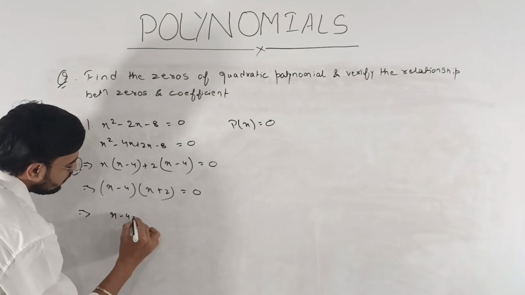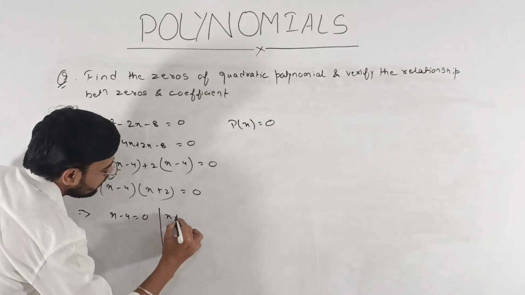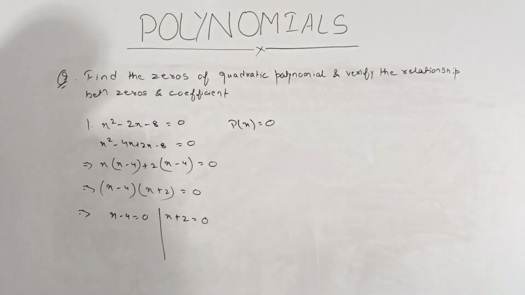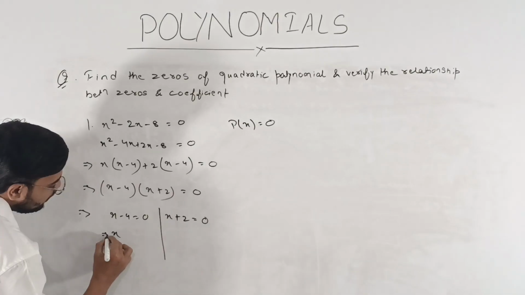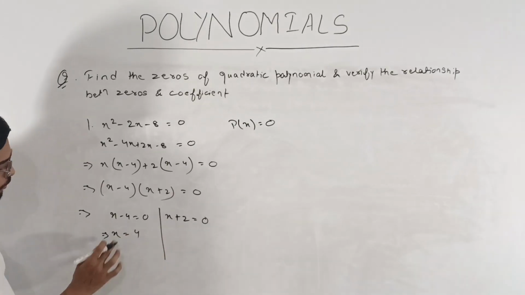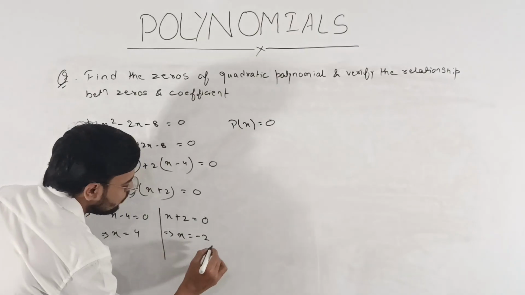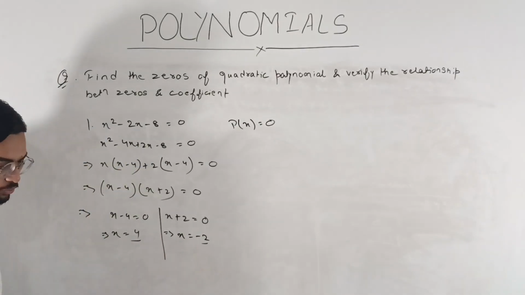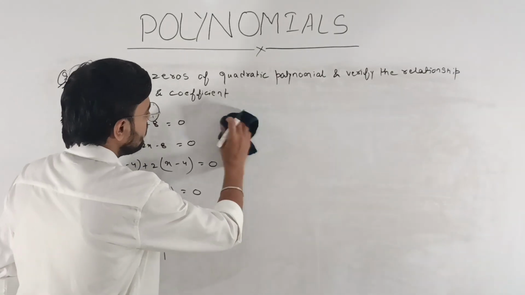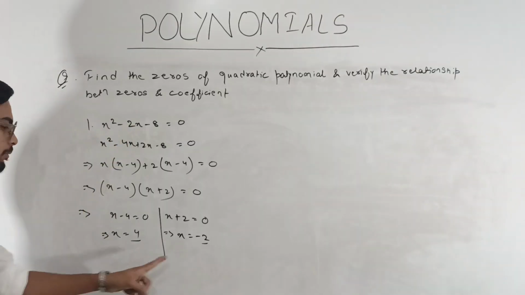Then x minus 4 is equal to 0 and x plus 2 is equal to 0. From here x is plus 4, as minus 4 goes to that side and becomes plus 4. From here x is equal to minus 2. So our zeros are 4 and minus 2. These are the two zeros of this polynomial.